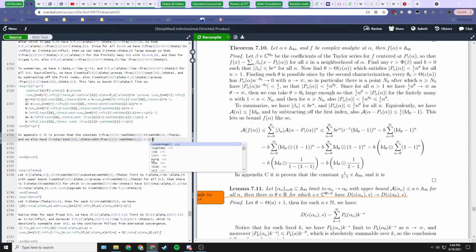This is just a sequence of n to the power theta times p sub n. Actually, we can just say this is just iota of id theta.